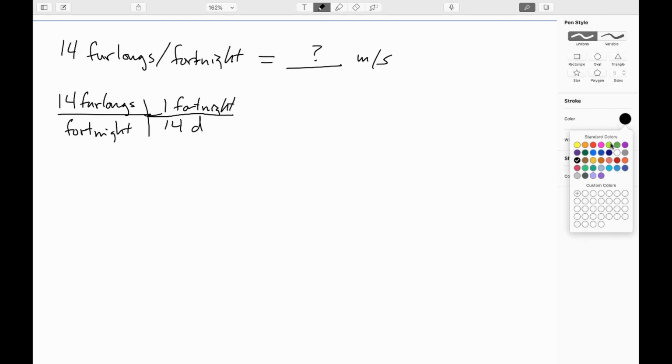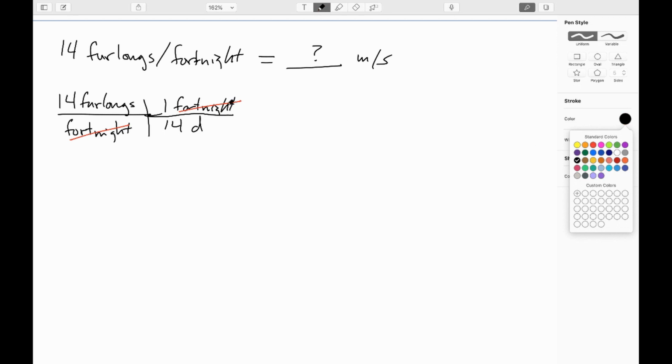And notice here what I've done is I've multiplied by the number 1, but I wrote it as a fraction. 1 fortnight over 14 days. These are both the same thing. So this is just the number 1, because I got the same thing, the numerator and the denominator, just expressed in different ways. And the reason fortnight is in the numerator is because I need to cancel this fortnight in the denominator.